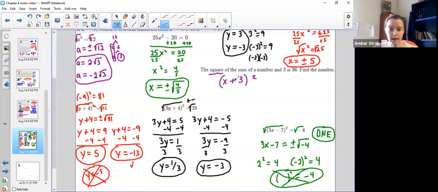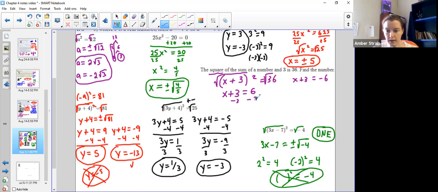The square of the sum of a number and 3 is 36. Now it looks just like all these problems, so let's try it out. So just like the others, I would square root both sides to cancel that square. That's going to give me the stuff is of course either equal to positive 6, the square root of 36 is 6, or maybe that stuff was equal to the negative 6, because negative 6 squared is also 36.